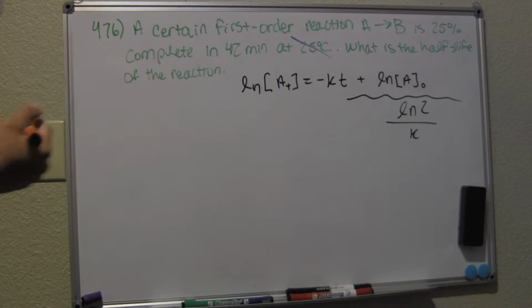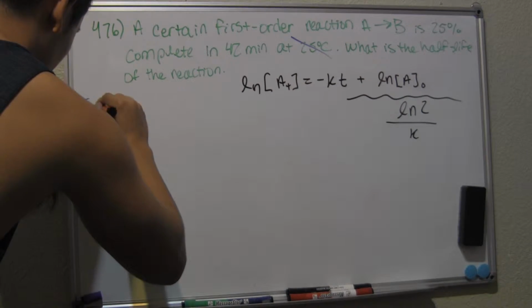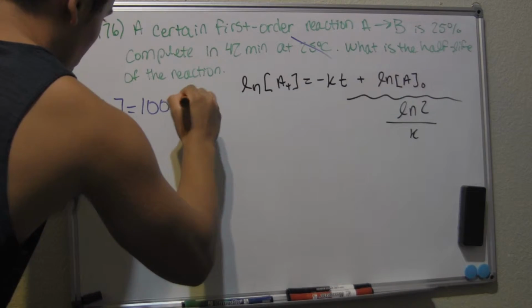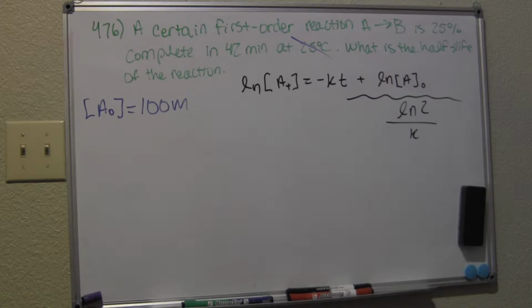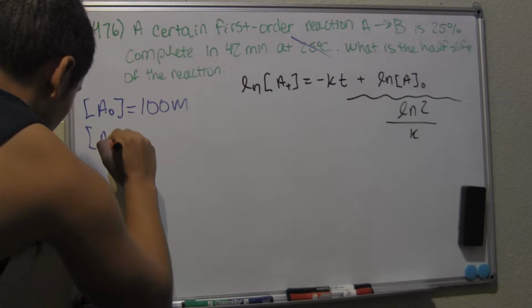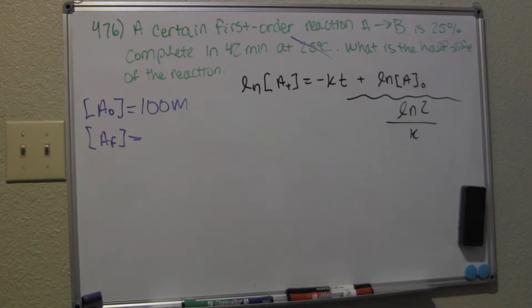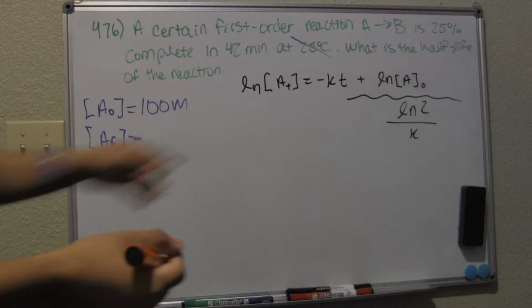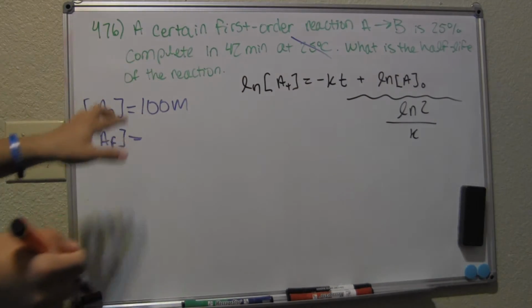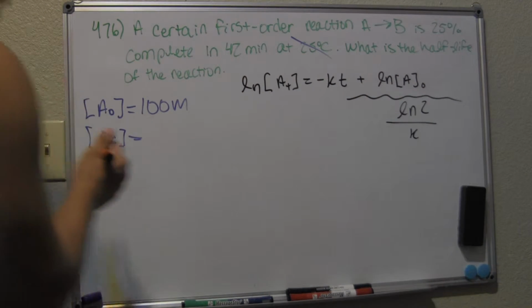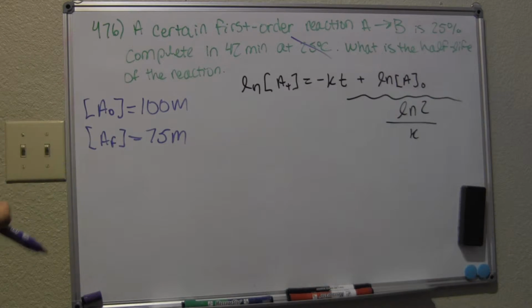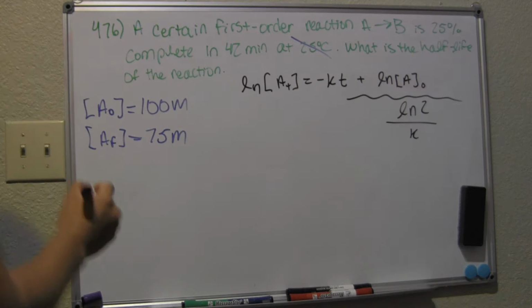First, let's label our initial concentration. A naught is equal to 100 molar, just for ease of calculation. Now, the final concentration of the same compound after the reaction: since it's giving us a time for a 25% completion rate, we're going to label A final as 75 molar.